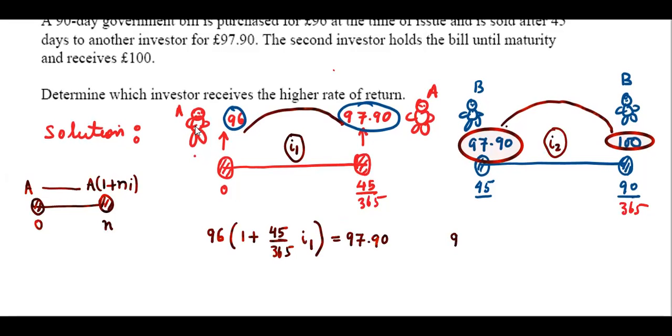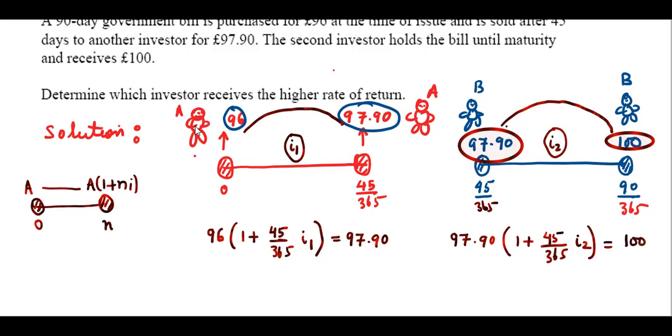And the second equation is 97.90 into 1 plus another 45 days, 45 to 90, so 45 divided by 365, number of years now in terms of years, into I2 is equal to 100.